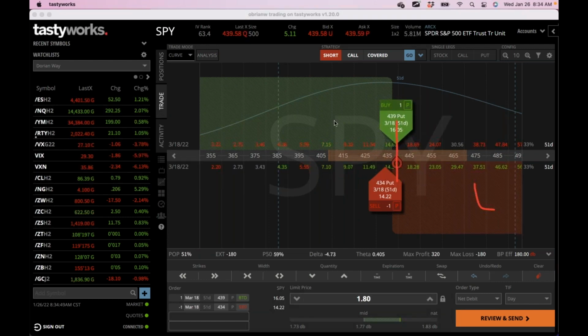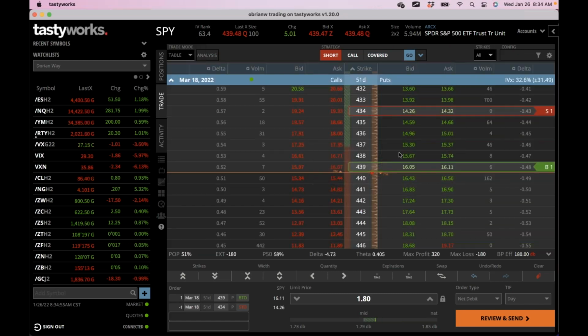This is the loss zone. If it goes down, that's how you can win, as you can see here. Usually when we're doing these put spreads, if we're down 50% of what we paid, so if you're down $90 here, then you would get out of the trade because the directional play did not play out. Okay, so that's one way you can do it.